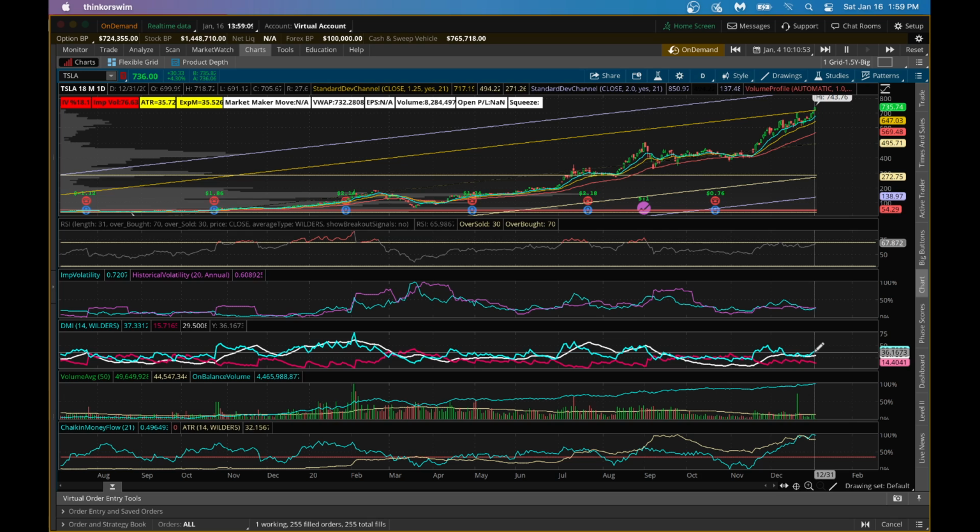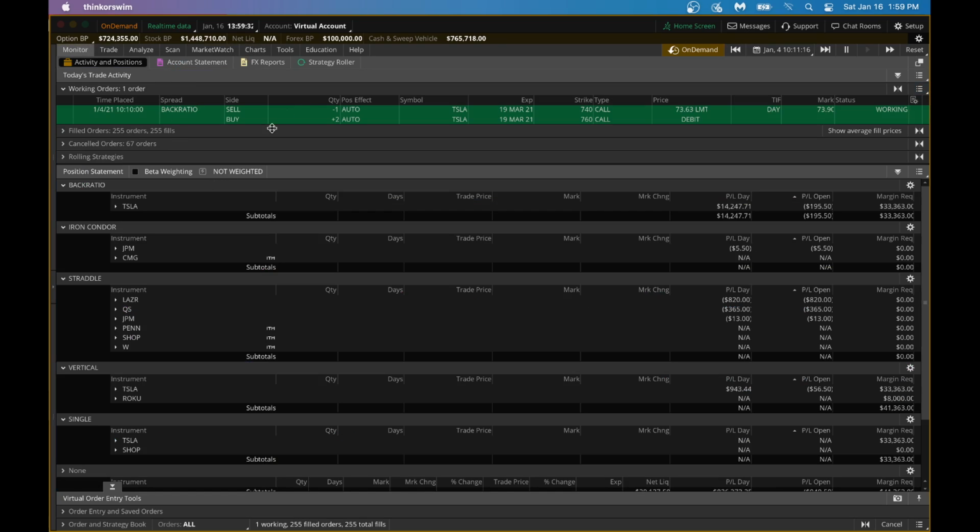ADX, the white line, is trying to go up, which is a bullish sign. On-balance volume is going up, which is again a bullish sign. Chaikin money flow is telling us money is flowing into the stock. All bullish signs here.